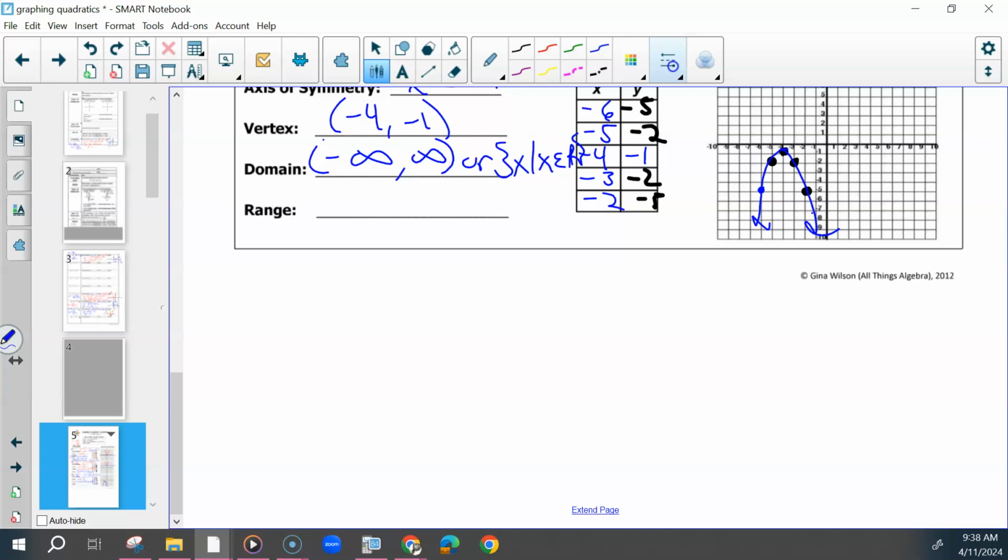Oh no, it's -5. It's negative infinity. Our lowest value keeps going down. It switched directions, so our lowest value is different. But our highest value is -1. Since it's everything below -1, that would be y is less than or equal to -1.